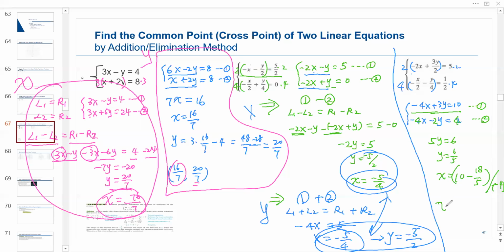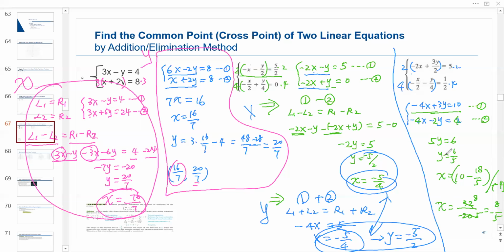So x equals, here is negative 20, top is 50 minus 18, 32. Both sides divide by 4. So it's negative 8 over 5. So you got x out of there.